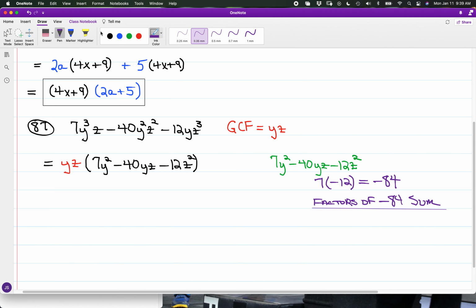Just to restate, you had 7 times negative 12, which is negative 84, and if I were to add them together, I would come out to negative 5. But I'm looking for where the sum is going to be negative 40.